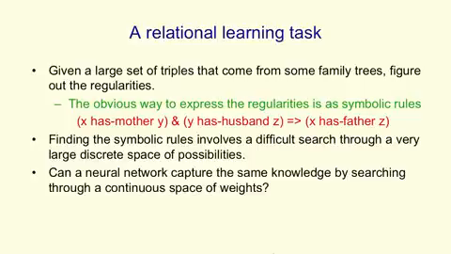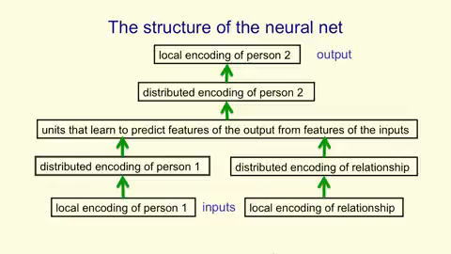And the way it's going to do that is we're going to say it's captured the information if it can predict the third term in a triple from the first two terms. So at the bottom of this diagram, we're going to put in a person and a relationship, and the information is going to flow forwards through this neural network.